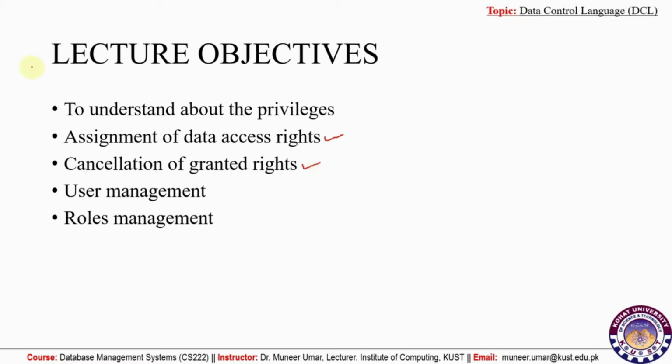Meanwhile, we will also look into user management, because these all are associated with the users, so we will also learn how can we manage users, and at the end we will study about roles, and we will look into the assignment of roles to different users and assignment of privileges to roles.